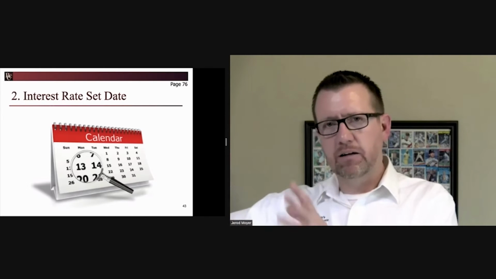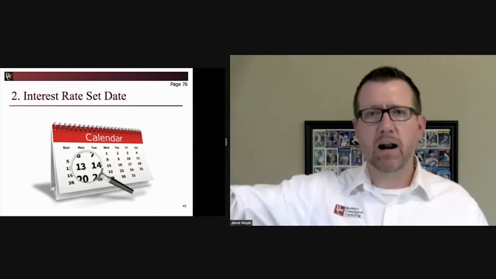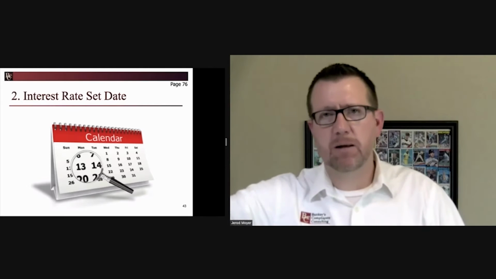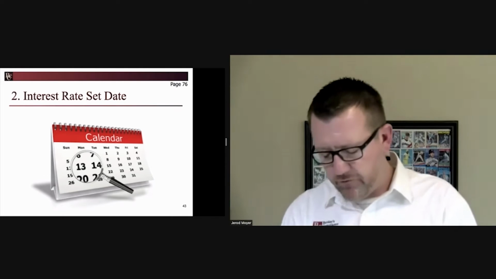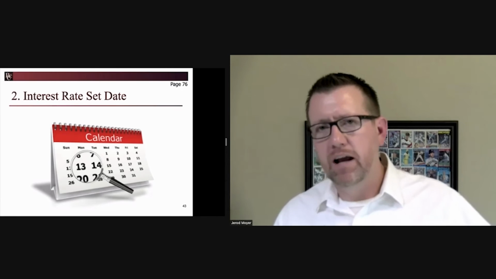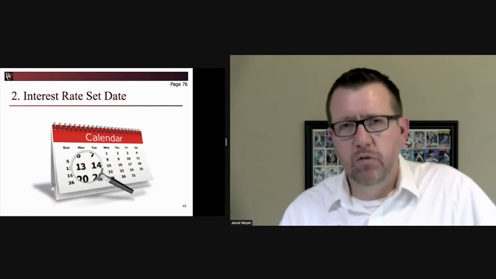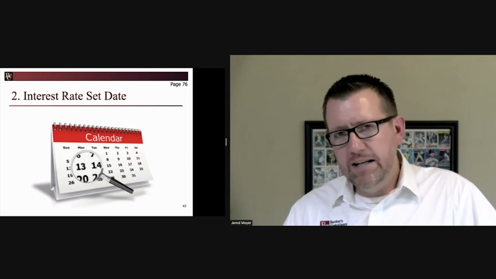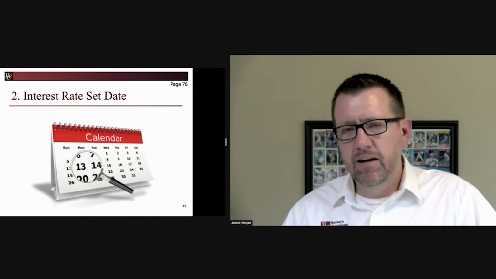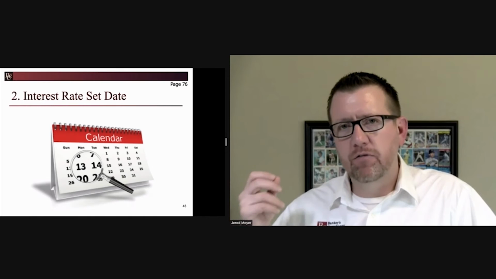That's a government product, if you will. We're taking a government set average prime offer rate and comparing it to our APR. The issue though is, what date are we taking that average prime offer rate from?